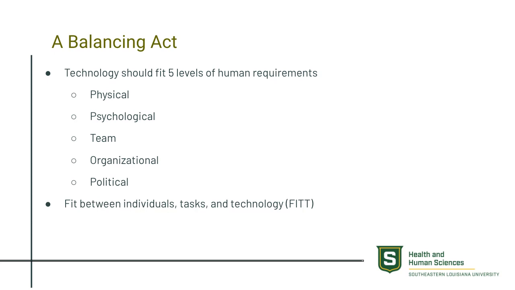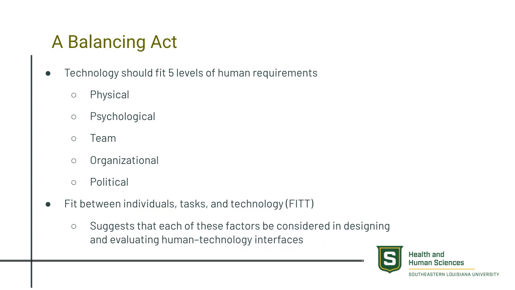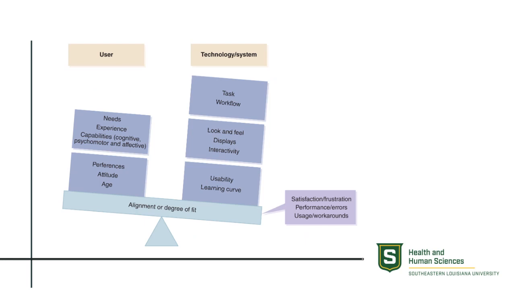It requires an evaluation, in the design and evaluation of the technology, looking at how this technology fits in with the individuals, how it fits in with the task, and how all of that fits in with what the technology has been designed to accomplish. And this is an illustration of the balancing act, to show all the things that human interface has to deal with.